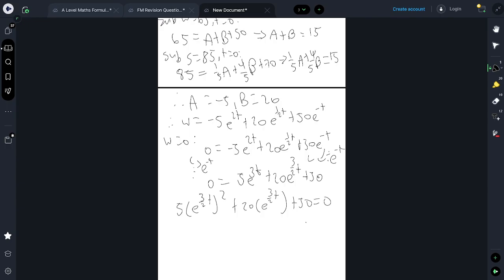Is that not a hidden quadratic where u is e to the 3 over 2t? I think it is. So I think now this is quite nice to solve. Therefore, if you plug the quadratic 5u squared plus 20u plus 50 equals 0 in the calculator, what values do you get?